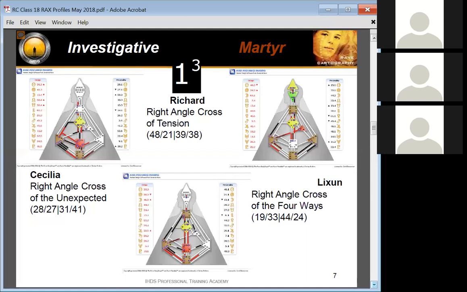And so for both Cecilia and for Richard, their purpose as they're expressing, actually the more and more you're aligning yourself to your true nature, your cross is not a goal. Your cross is not something you go do, and now I'm going to be and do my cross of the unexpected.